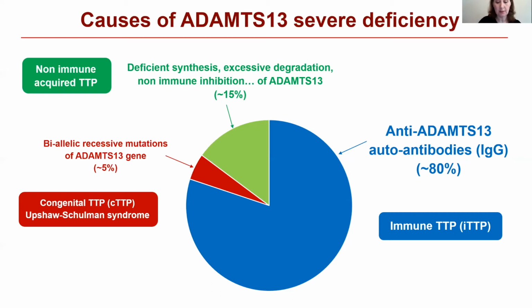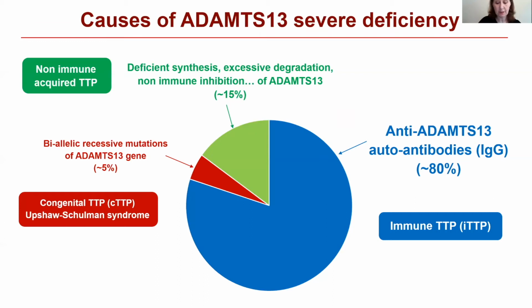In very rare cases represented in red, about 5%, ADAMTS13 severe deficiency is due to biallelic recessive mutations of the ADAMTS13 gene. In this case, TTP is genetically inherited and called Upshaw-Schulman syndrome.